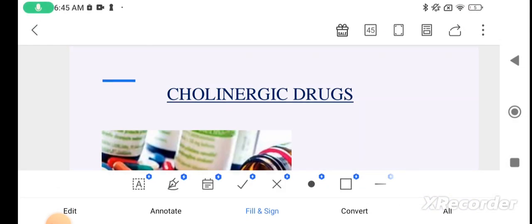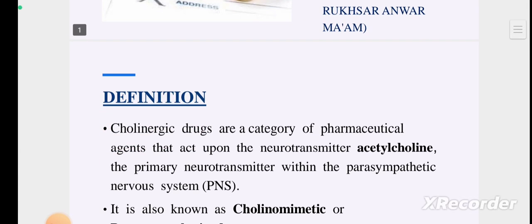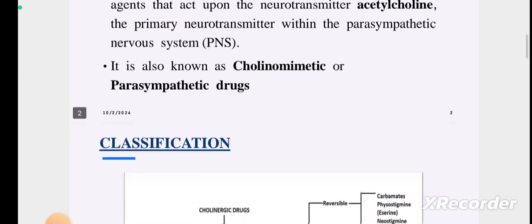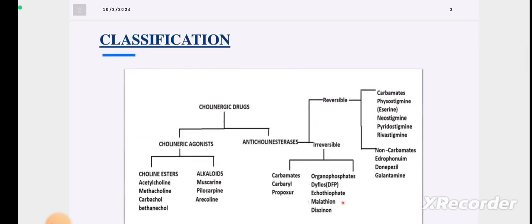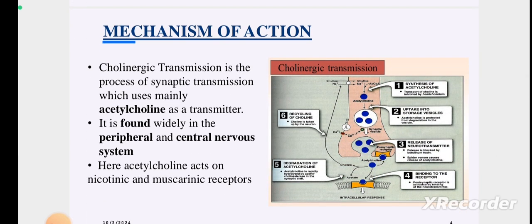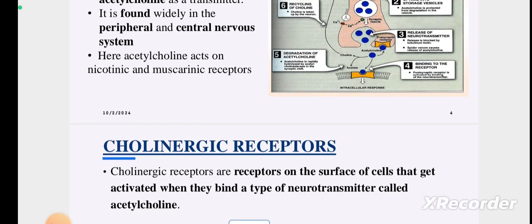Once we can revise from the starting, we came to know the name is parasympathetic drugs. Then the classification, cholinergic agonists and anticholinesterases. Then the mechanism of action, cholinergic transmission, acetylcholine as a neurotransmitter.